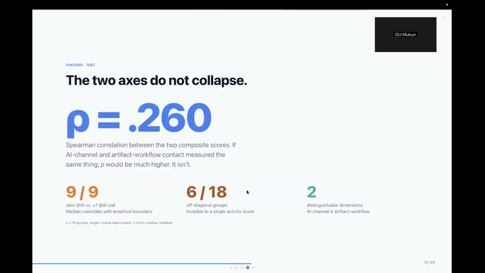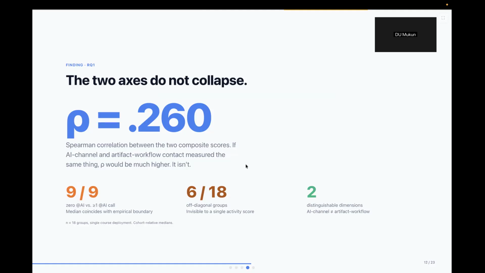The next will be we also examined, so people may ask why are these two dimensions, are they related? We use the Spearman correlation to examine how correlated are these two dimensions.